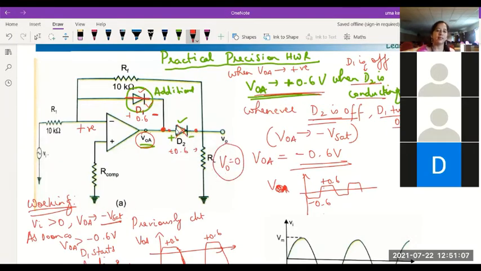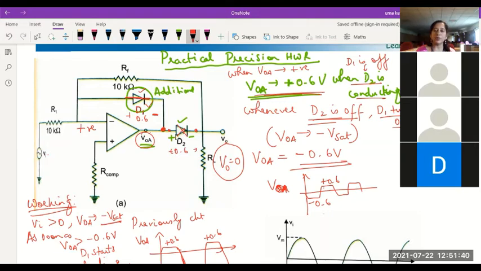Please understand that. The output voltage always depends on this diode D2. This diode D1 is only for the reason of avoiding delays due to output reaching saturation. But the diode D2 being on decides whether output should be there, and when it is off, there is no output.